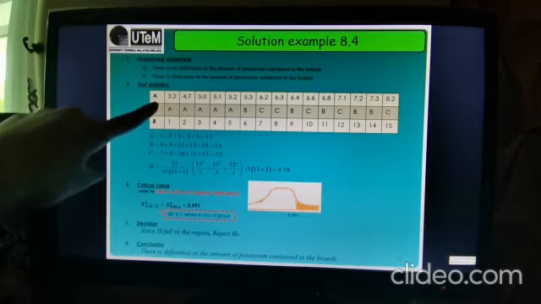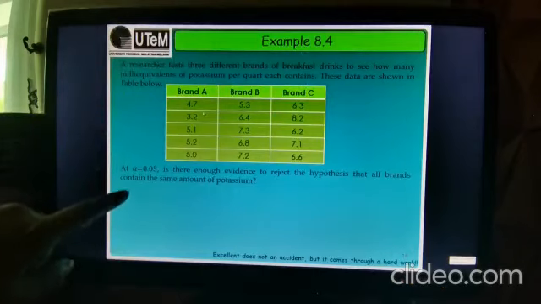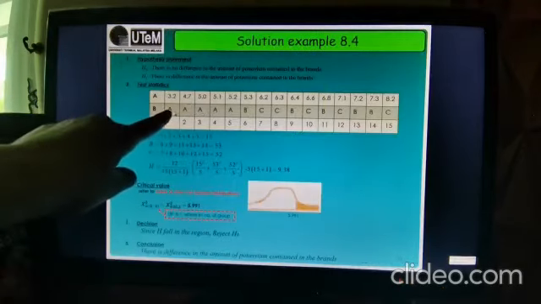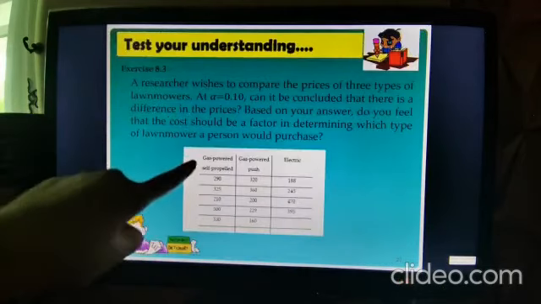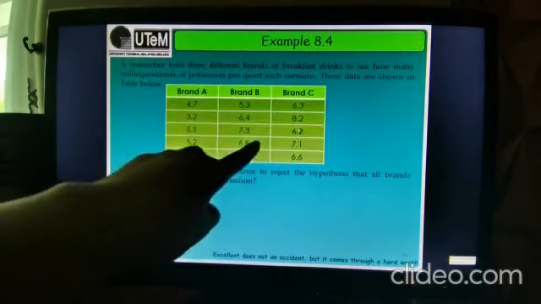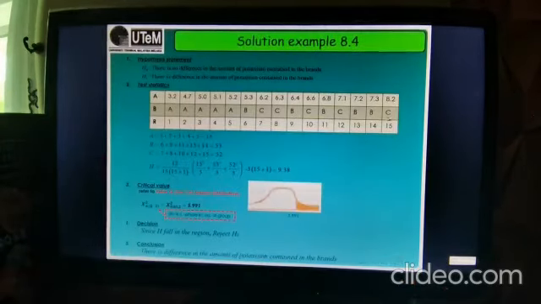So 3.2 comes from brand A, group A, and we write down A. The same goes for 4.7. If 8.2 comes from brand C, then we put C here. And then we give the rank for this sequence, from 1 up to the maximum of 15 in this case.